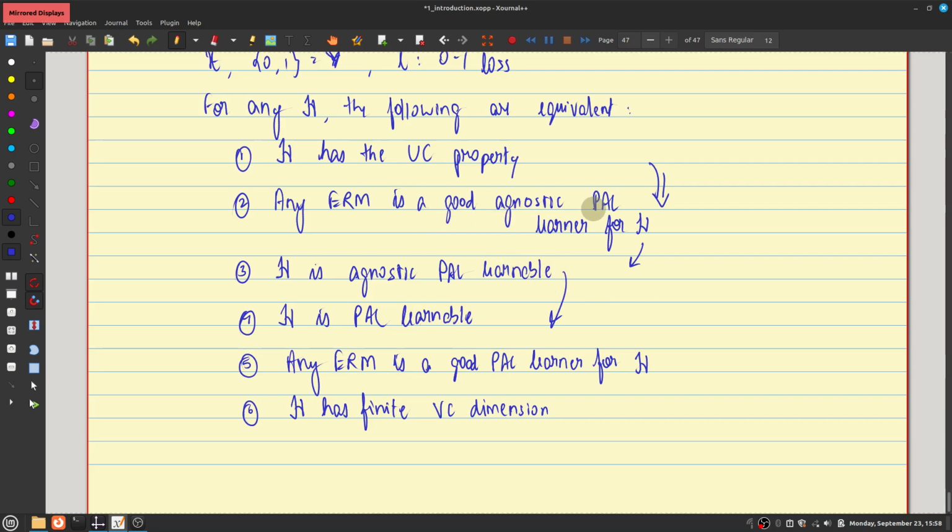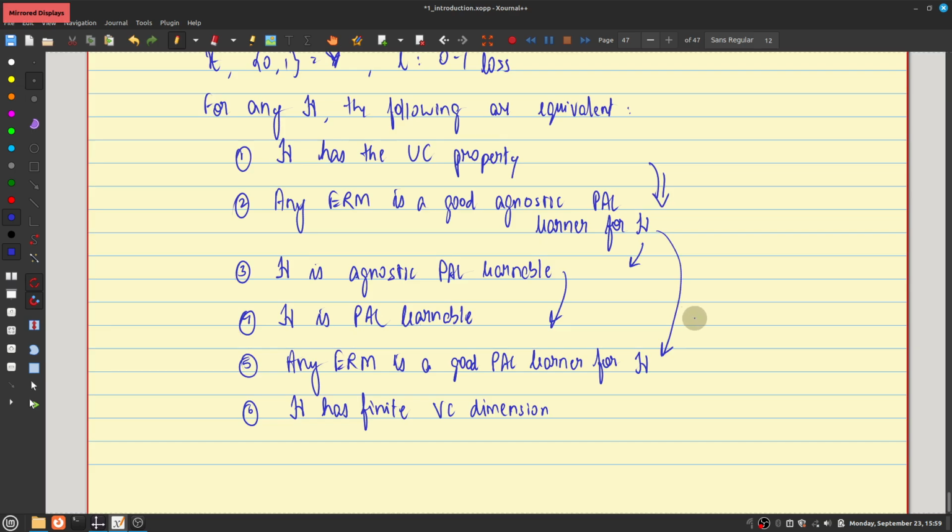And if ERM is a good agnostic PAC learner, then it's also a good PAC learner. That's also straightforward, right? Because PAC learning is just a special case of agnostic PAC learning. And if it is PAC learnable, then it should have finite VC dimension. That is also clear. Because if it has infinite VC dimension, then it is not PAC learnable.